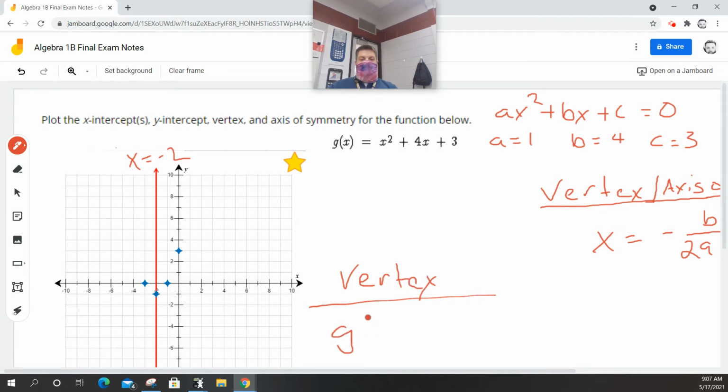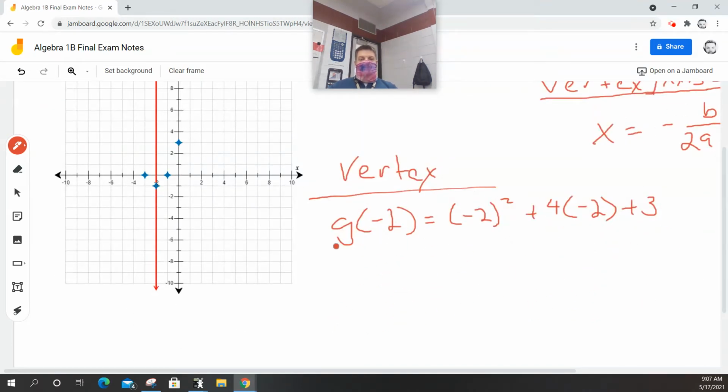So now, what does that mean? Well, then I can find my vertex by evaluating g of negative 2. That gives me x squared, which is negative 2 squared, plus 4 times x, evaluated at negative 2, plus 3.